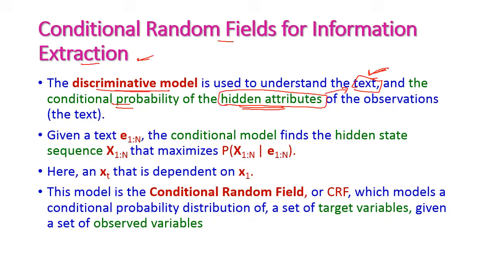The given text is represented as E1 to n, and this model finds the hidden state sequence, capital X1 to n, that maximizes the probability of X1 to n given E1 to n, where E1 to n is the given text.